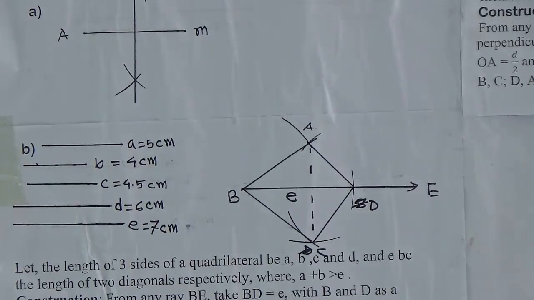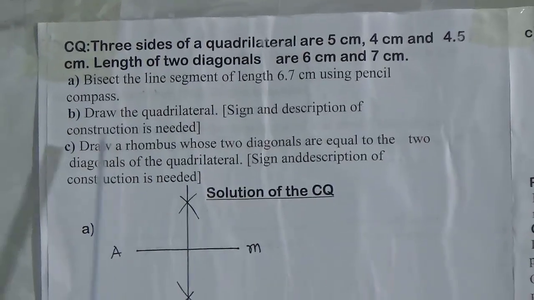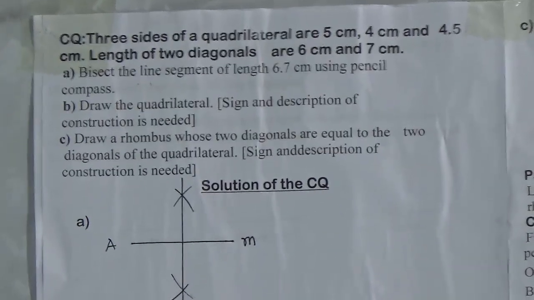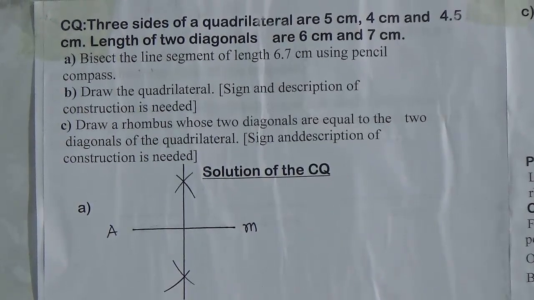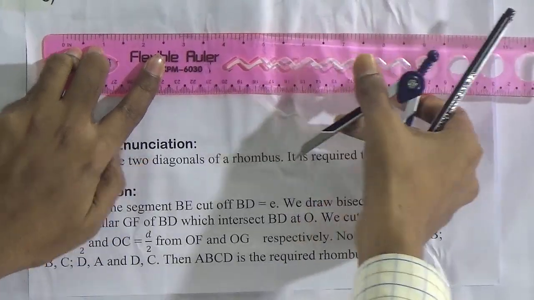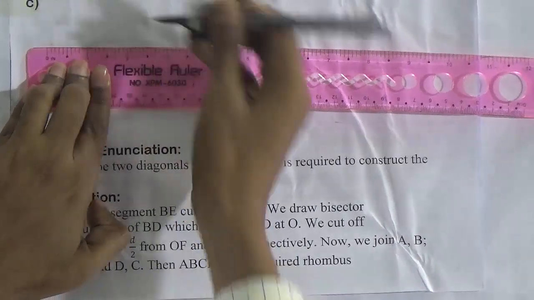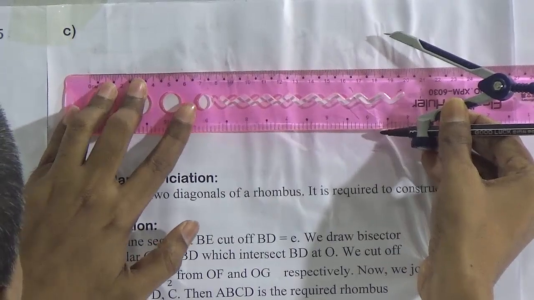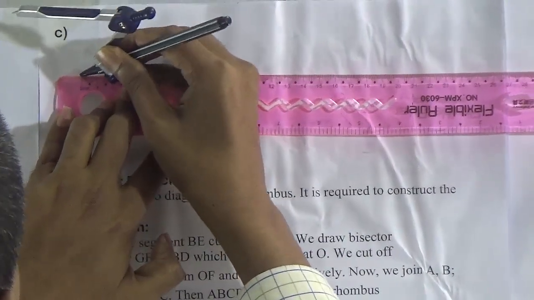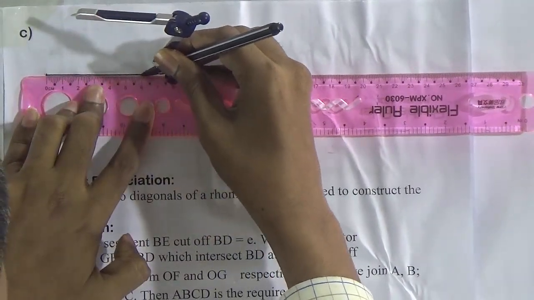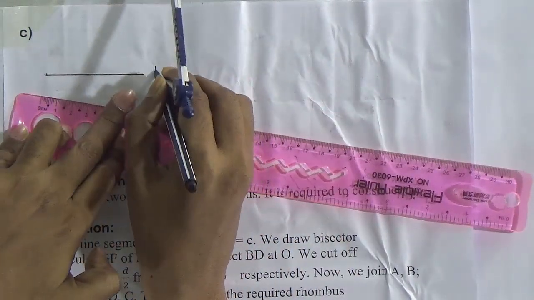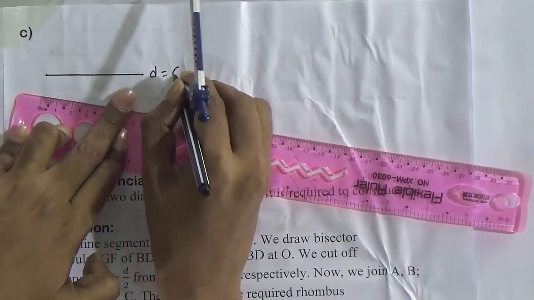Okay, hope you understood. Now C number. Draw a rhombus whose two diagonals are equal to the two diagonals of the quadrilateral. That means you have to draw the two diagonals at first. At first you take 6 centimeter diagonal. This is d equal to 6 centimeter.